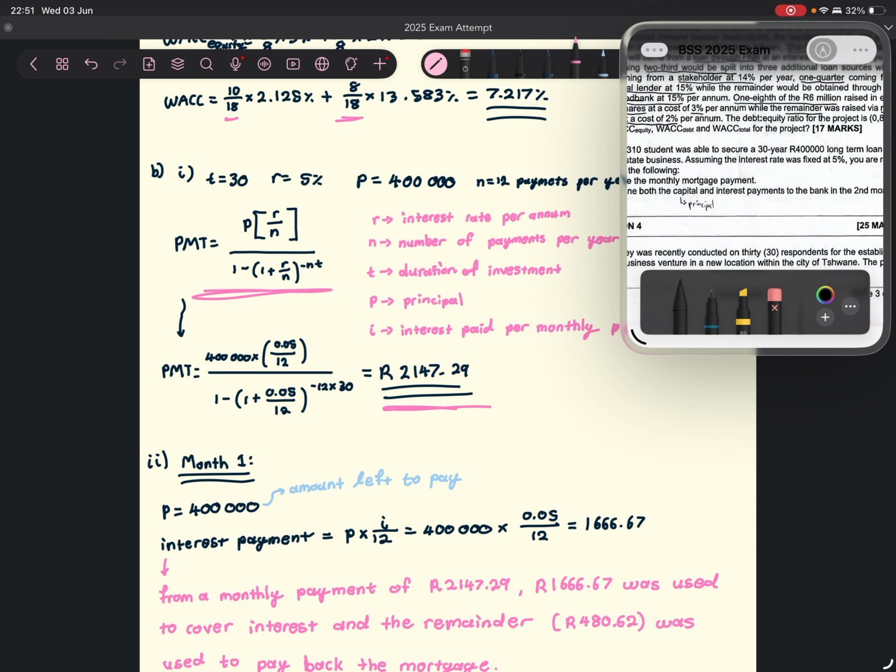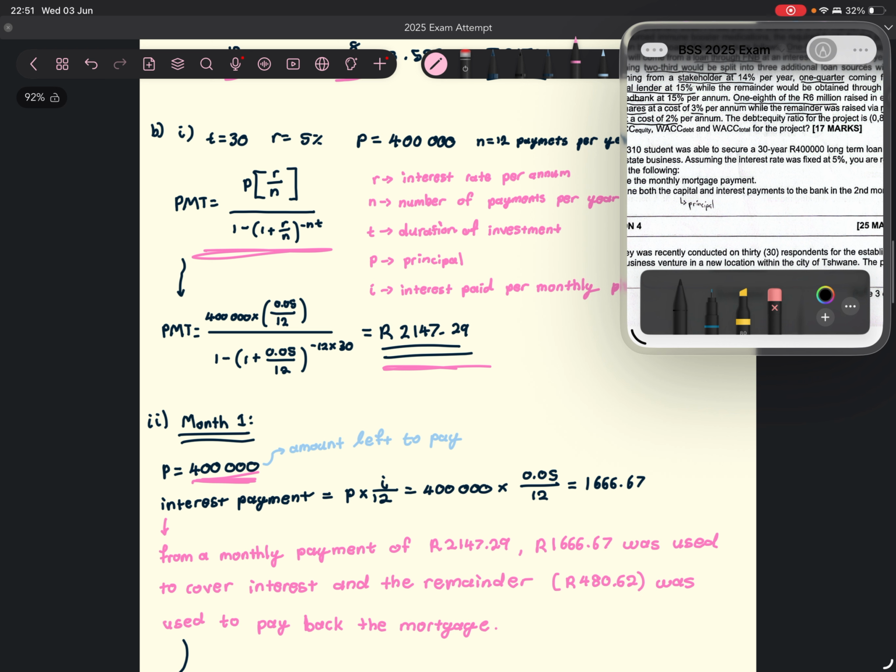For month 1, you've paid nothing towards paying off your debt, so you plug in 400,000 multiplied by that, and you have 1,666.67. That's the amount that has gone off to interest. None of this has been put into paying your loan.